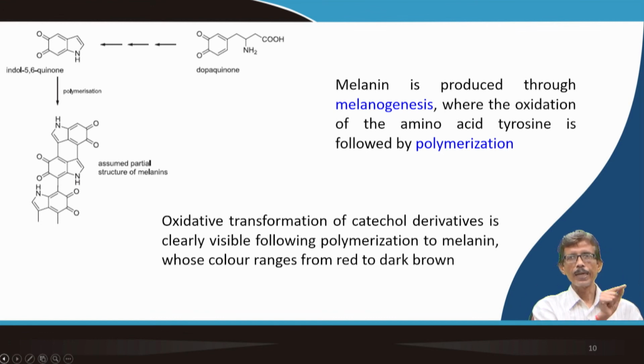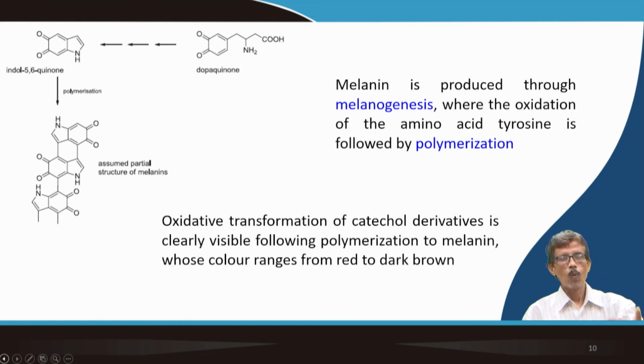These 3 left hand arrows basically tell us that you can have different steps of other reactions, such that the amino acid functions, the amine functions, can be cyclized to give you the indole function, indole with substitution, and indole with the catechol function. So, it is indole 5,6 quinone, and that is very much susceptible to the polymerization reaction.